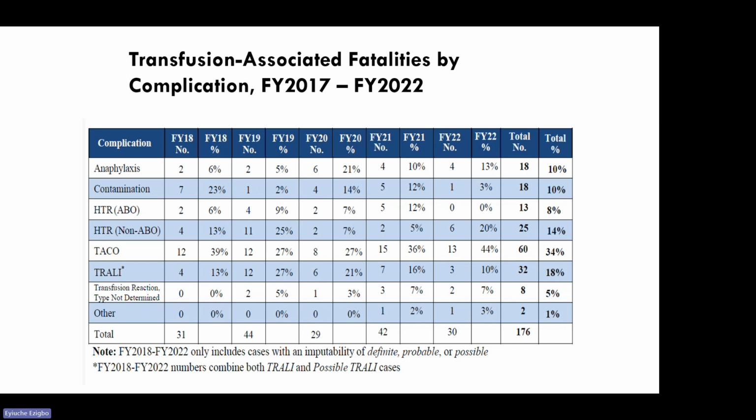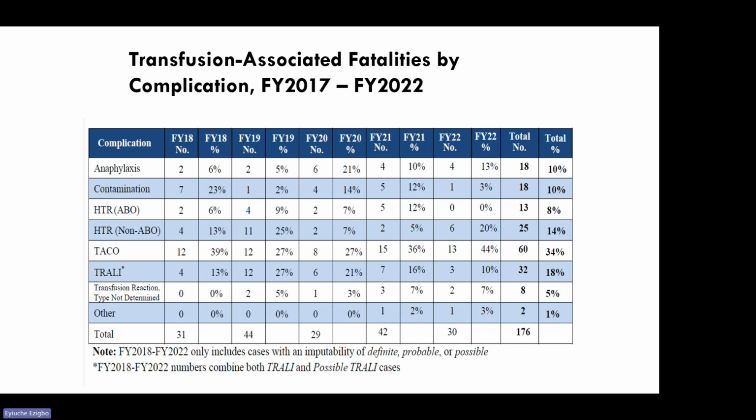So for this fiscal year 2022, the highest cause of complications in blood transfusion is TACO, 44%, followed by HTR of non-ABO. ABO HTR is almost zero, just like the graph showed us.